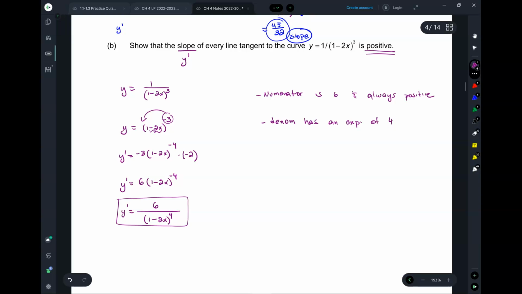Well, what does that mean? Whenever you have something and you raise it to the power of 4, it's always going to be positive. Positive numerator over positive denominator is always positive. So this derivative is always going to be positive.